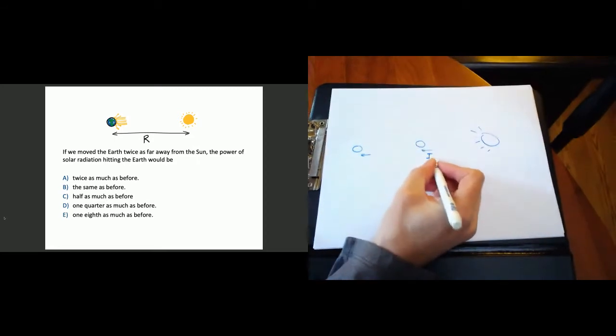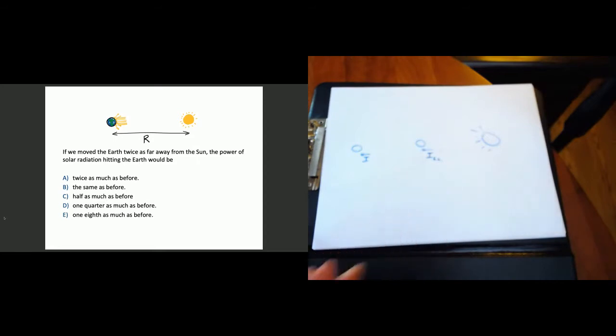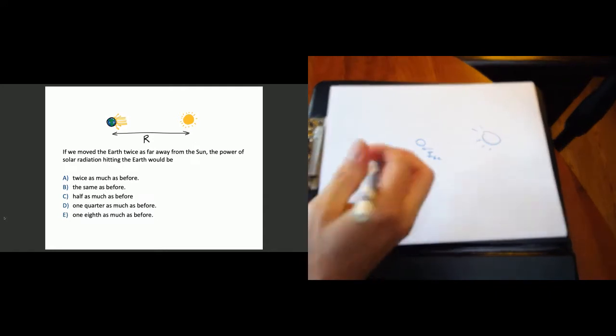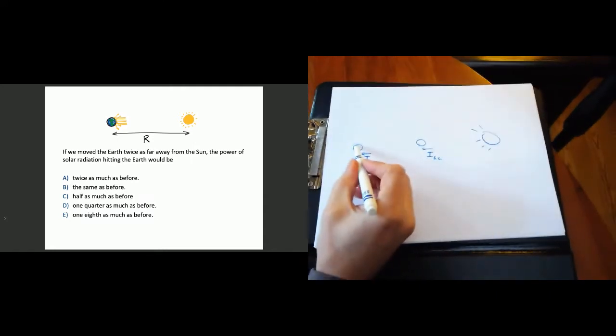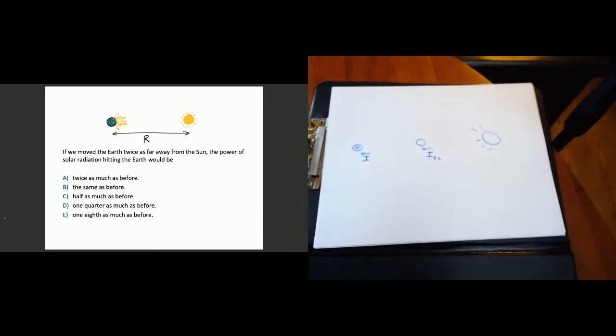The thing that's different is this power per unit area. At the location of the Earth, that power per unit area is what we call the solar constant. We calculated it last time. If we're much farther away, the intensity of radiation is going to be less.